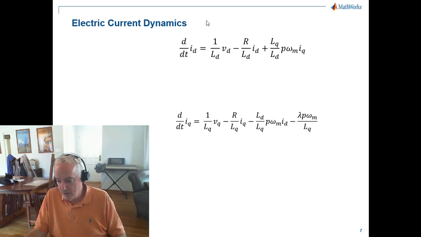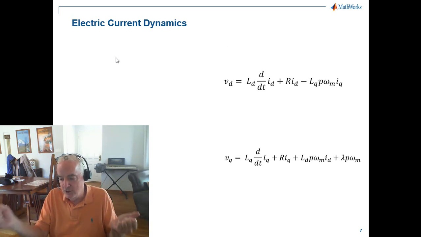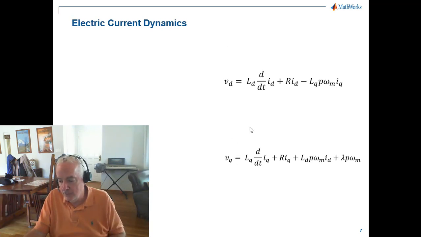If we know all this, and you look at these equations, the only thing we really don't know is the direct voltage and the quadrature voltage. And so with a simple rearranging of these equations, we solve for those things.